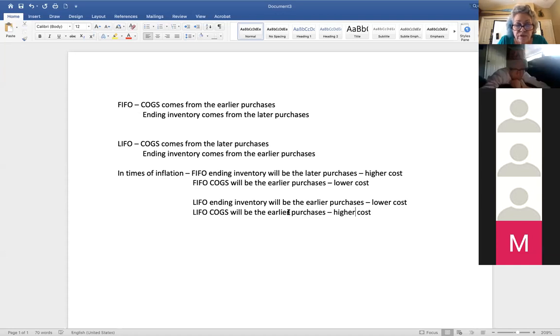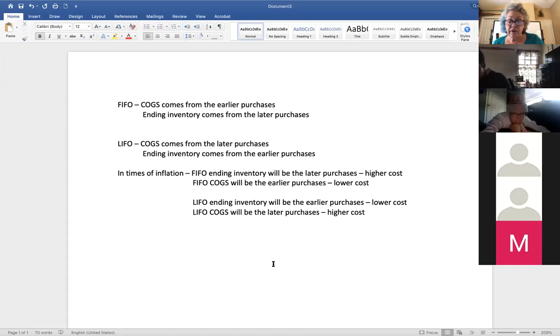And cost of goods sold is from my later purchases, meaning higher cost. So usually we're in times of inflation, and which method will have a lower gross profit in times of inflation? Which method would have a lower gross profit? LIFO. Good, LIFO.